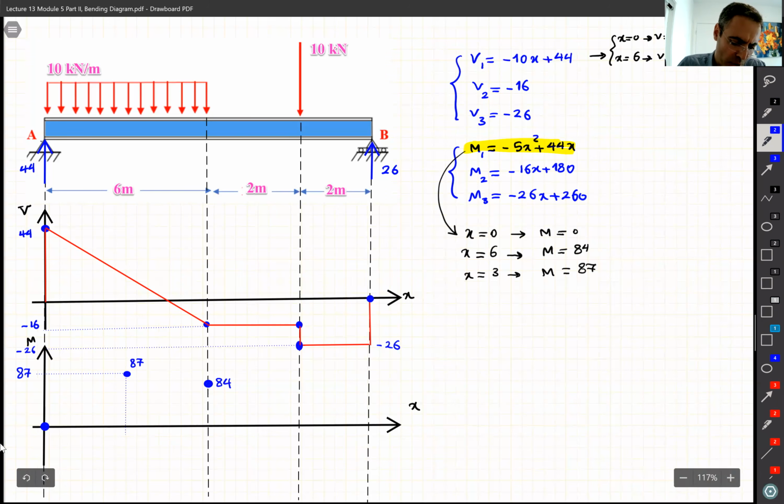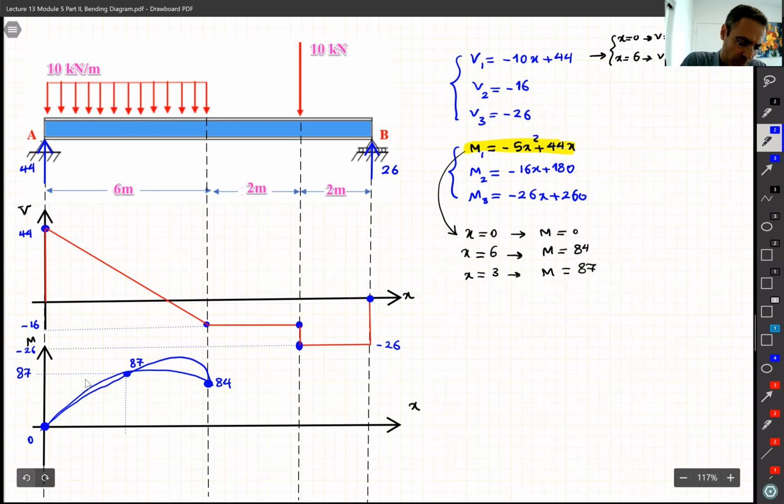So I know these 3 points, and they have to be connected by a graph shape, something like that, right? But I suggest finding the 4th point as well, because right now you don't know if this graph is something like that, or maybe something like that. Both of these are correct.